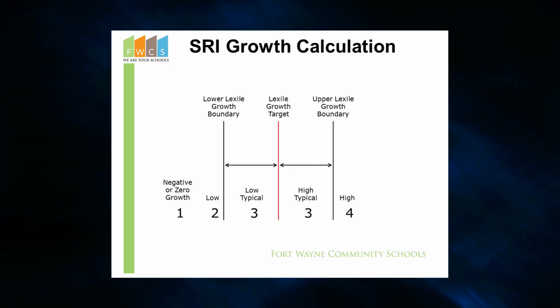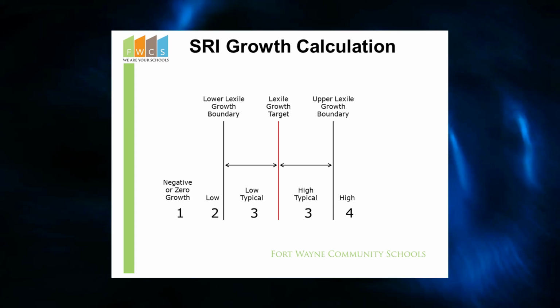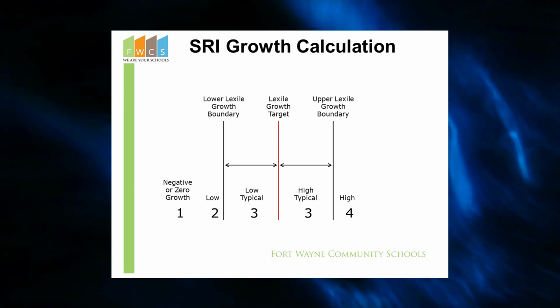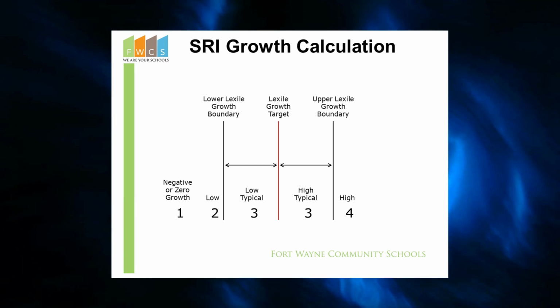For students who took the SRI test, growth will be determined as the difference between the end-of-year test and the beginning-of-year test. This difference will be compared to the Lexile growth target ranges published by Scholastic. Ranges are set according to proficiency level and grade level. The proficiency level is determined by the beginning-of-year test. Students whose growth is greater than or equal to the upper boundary of the Lexile growth target range will receive a score of 4.